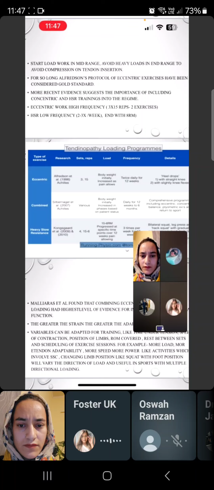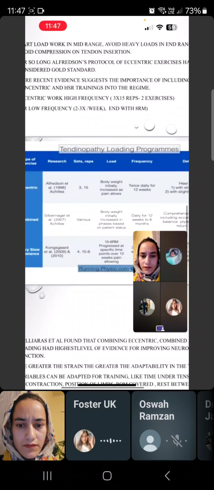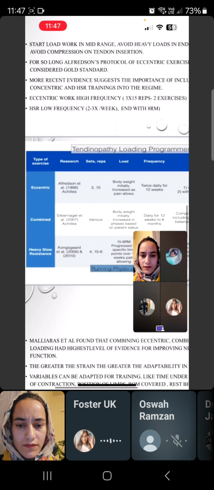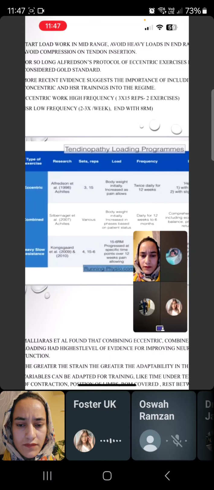If you see the first one, it gives you a bit of a summary. This is all about loading. In the Alfredson protocol, they used 3 sets and 15 repetitions, initially just using their own body weight as the load, and then increasing as pain allows, slowly adding more load, like using a backpack, adding a bit more extra load other than body weight, but in the eccentric, muscle lengthened position.